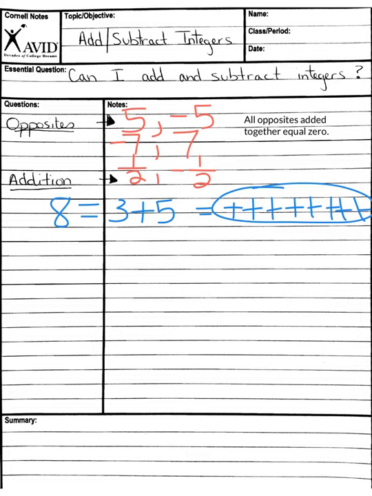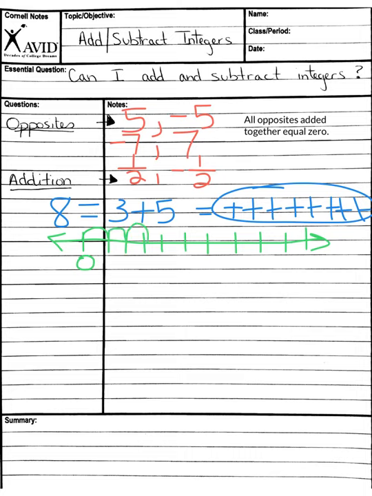We also could very easily use a number line. So if I look at a number line here, I'm going to tell you this is 0. We're always going to start at 0, and it says we're going to go 3 spaces to the positive. 1, 2, 3.